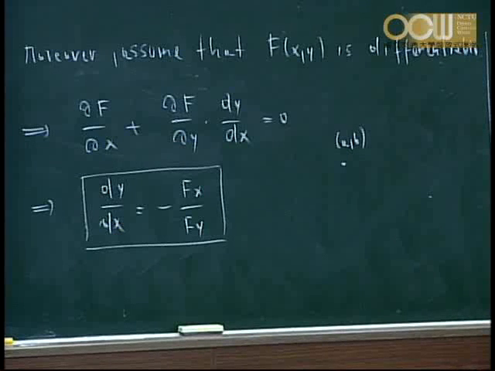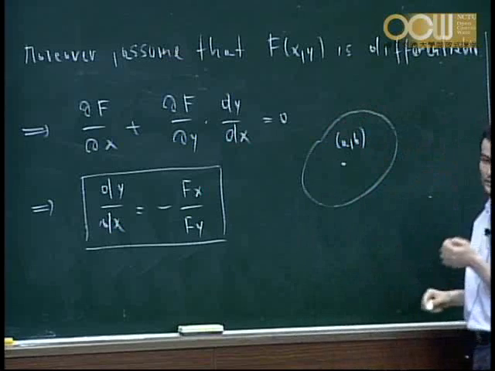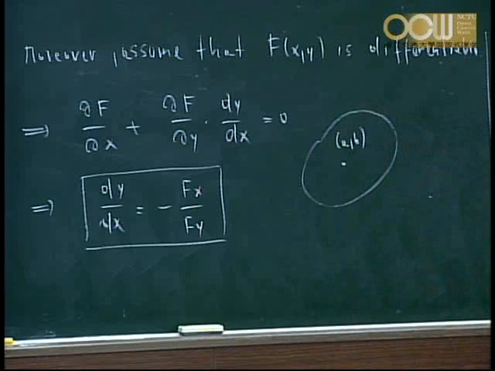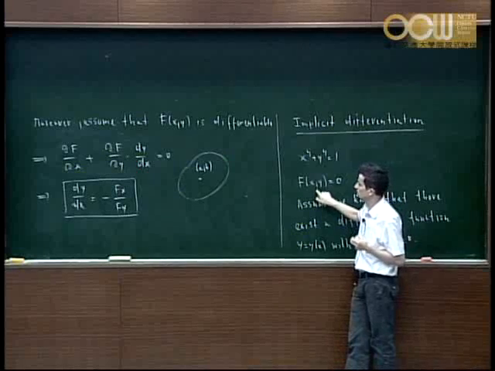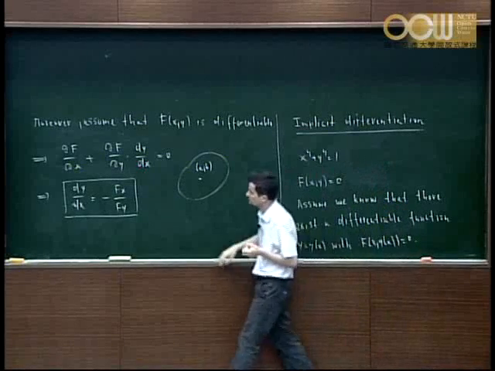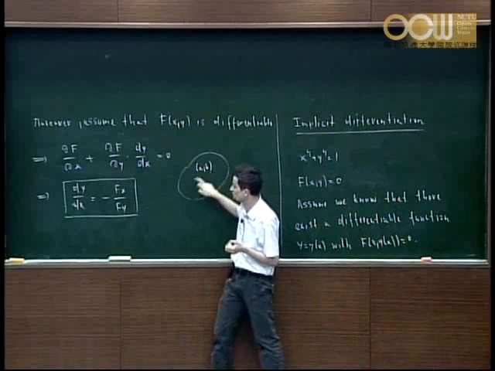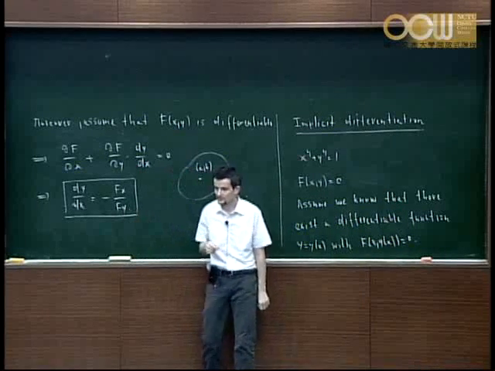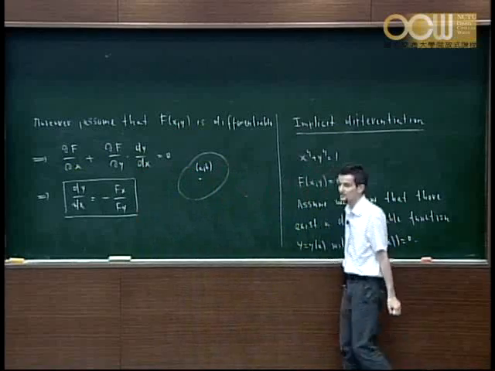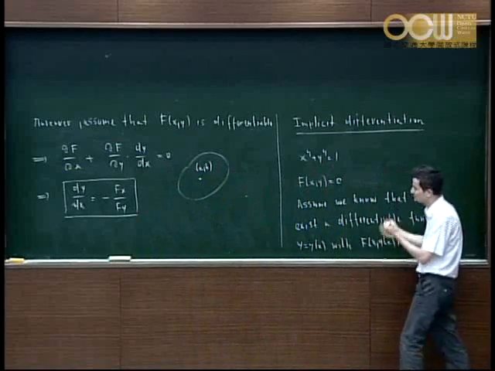You have that in a neighborhood around (a, b), this function f is differentiable. You have that the partial derivative with respect to y at this point is not equal to 0. This is what you need here. Otherwise, this doesn't make sense. And so all those conditions, you would guess them because this is what you need.